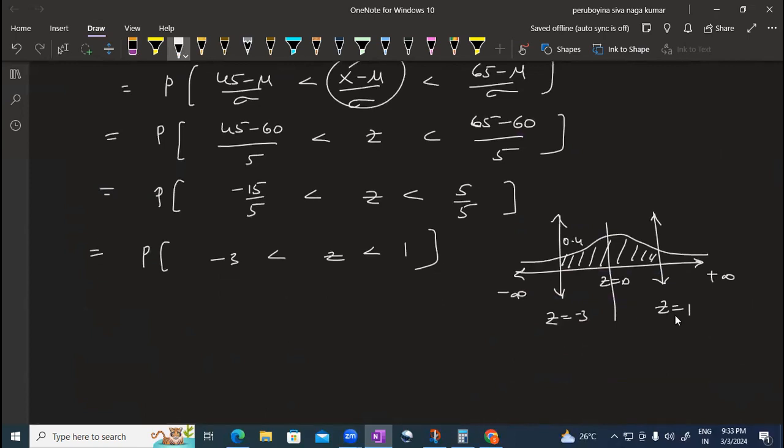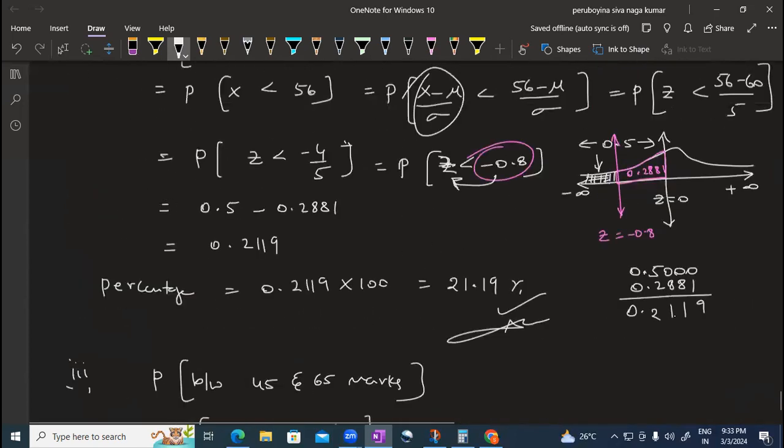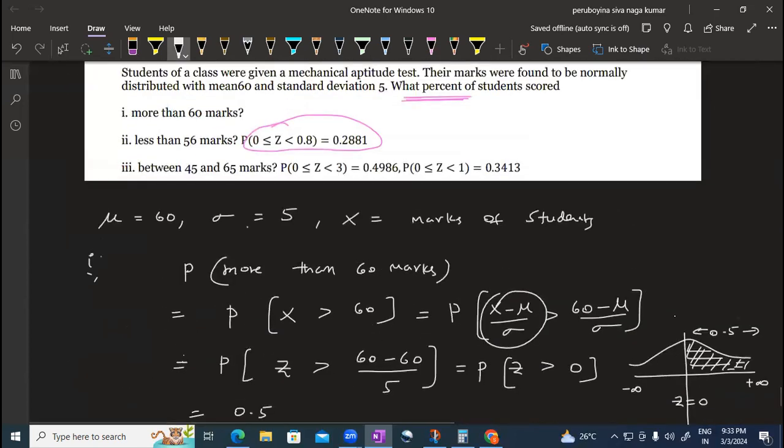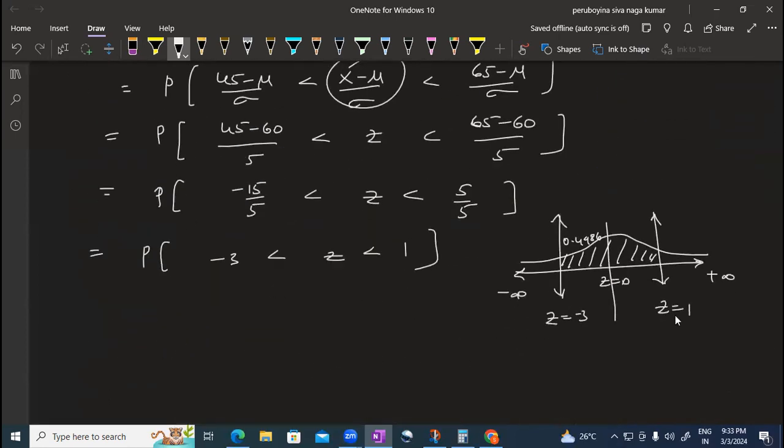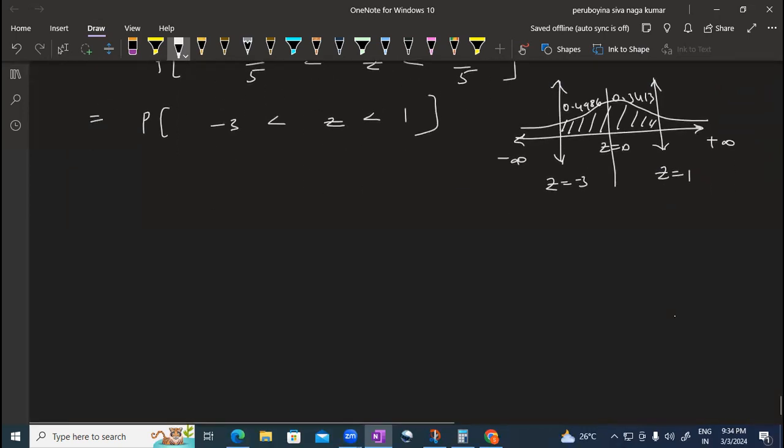Whether it is the negative side or the positive side, the area is covered uniformly. From 0 to 1, it is 0.3413. Write down here 0.3413.